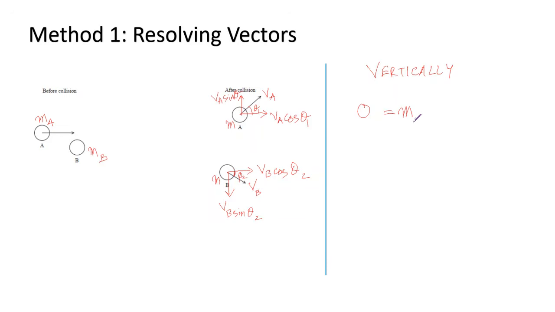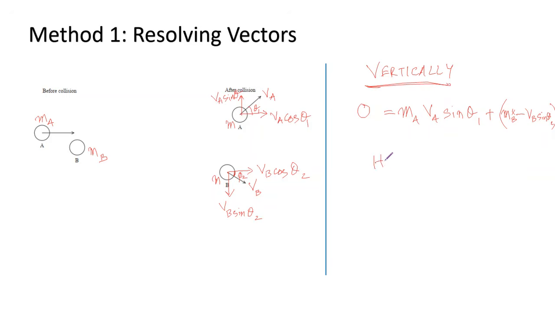So MA VA sin theta 1 plus, this is downward, so you have to consider this in the equation as well. So MB minus times minus VB sin theta 2. This is how you do calculations with law of conservation of momentum, specifying the vertical and horizontal aspect of the motion. So this was done in the vertical aspect.